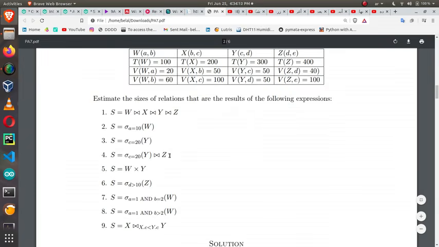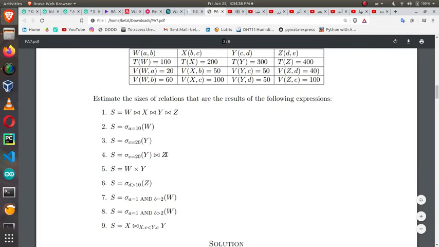Number 4, we want to join the relation with the left side of this statement. The left side of this statement is select from table Y where C equal 20. So let's look at tables Y and Z. They have a common column, right? Which is D. So we can join them.